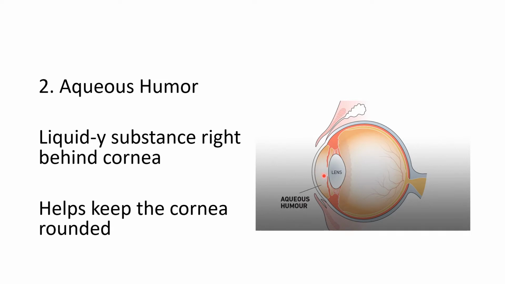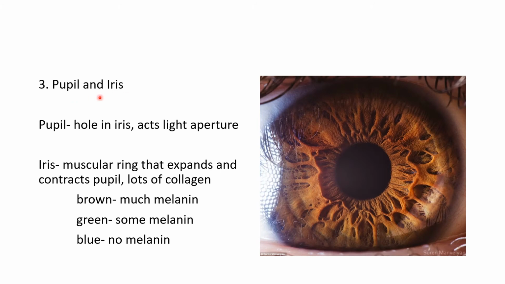But the aqueous humor helps to keep that cornea poofed out the way it should be. In the absence of aqueous humor, the cornea will deflate and wrinkle up, and it makes vision pretty much impossible. Behind the aqueous humor, we have the pupil and the iris.